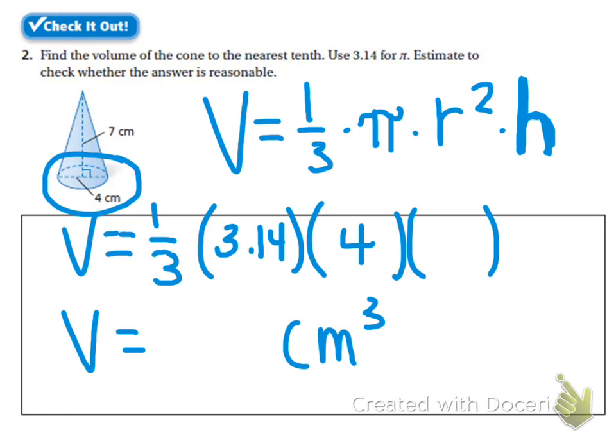Height is 7. Now, when I multiply all these together, my answer is? Emelus? 29.3. That is correct.